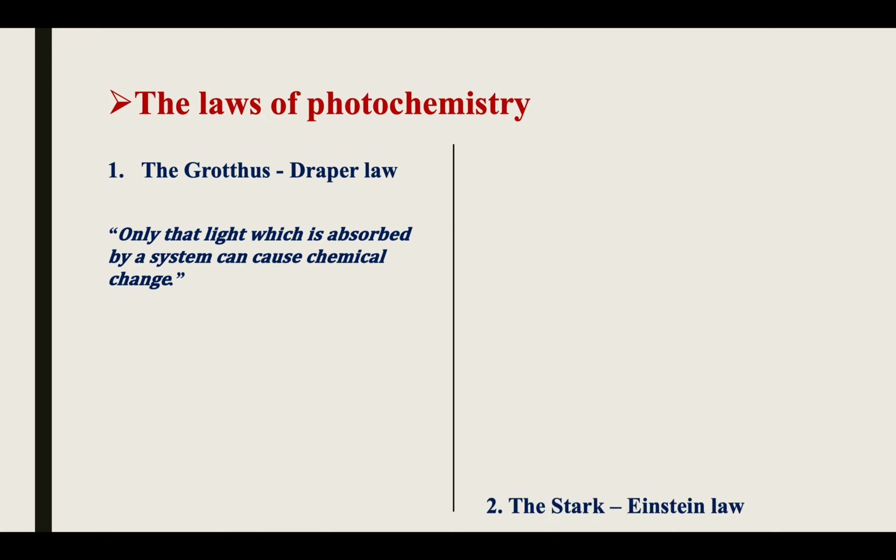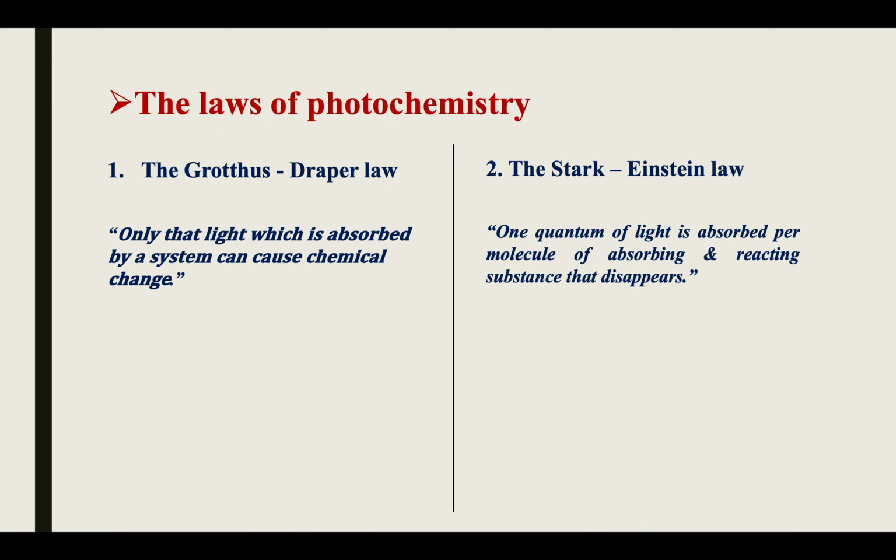The second law was given by the scientists Stark and Einstein. Both proposed one law, the second law of photochemistry, which says that one quantum of light is absorbed per molecule of the absorbing and reacting substance that disappears. Only those molecules that absorb light are going to react, and only that molecule of the reactant will disappear.